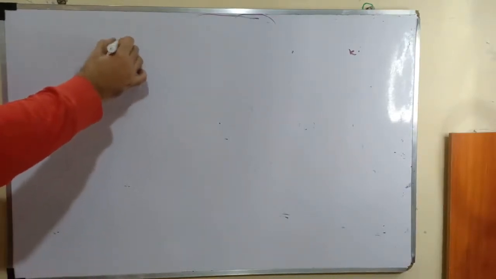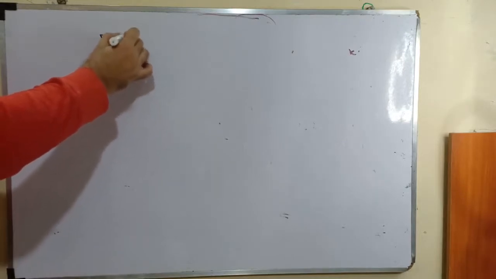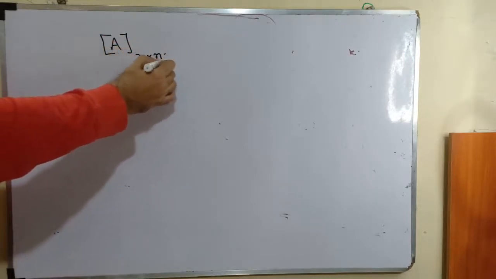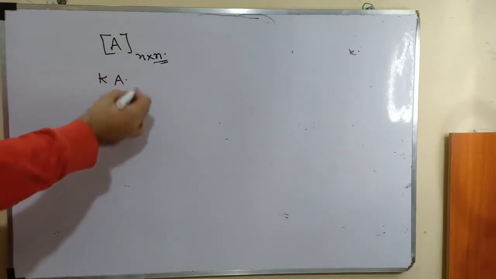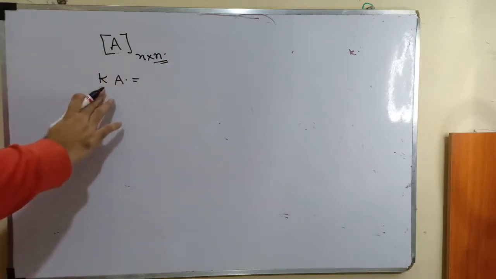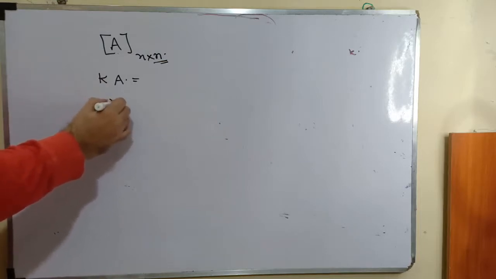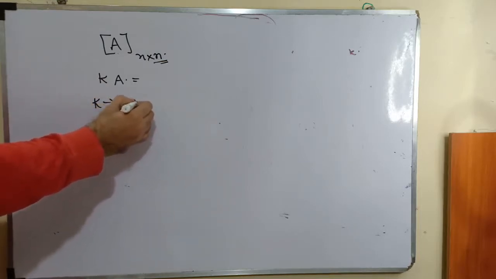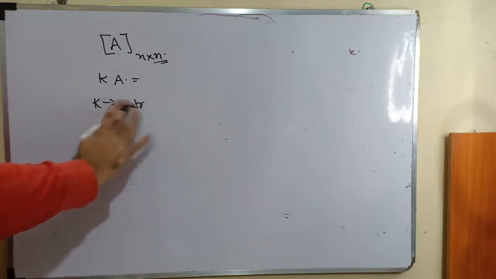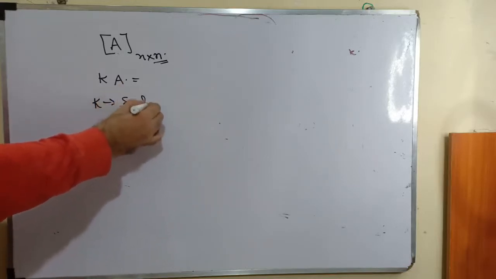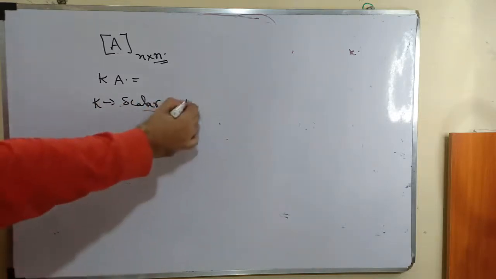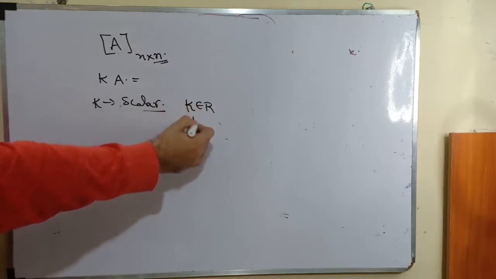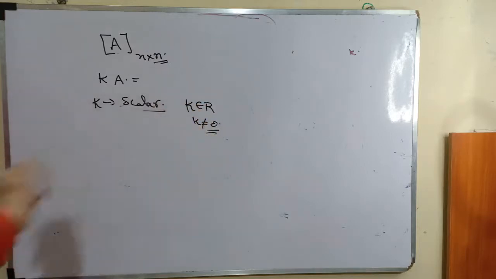Suppose our matrix A is an n by n square matrix. If I write KA, that means K times A, where K is a scalar. Scalar refers to a non-zero real number.